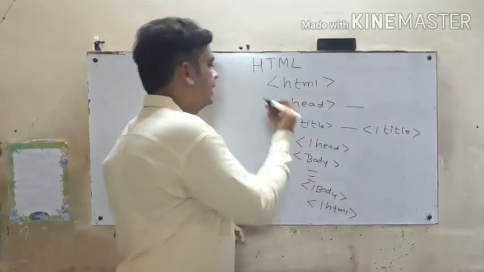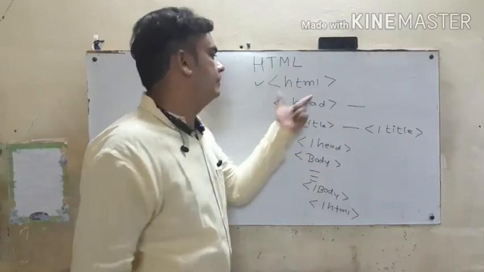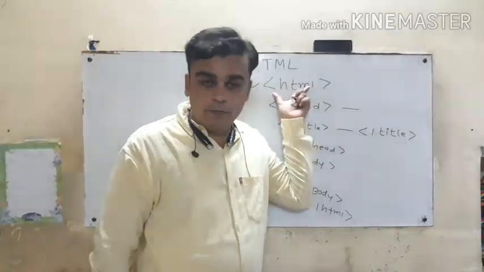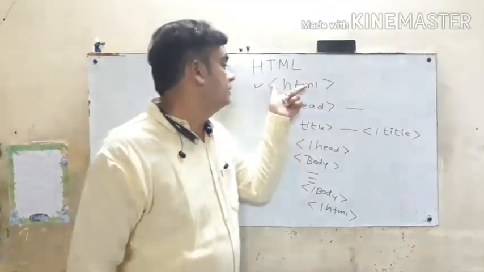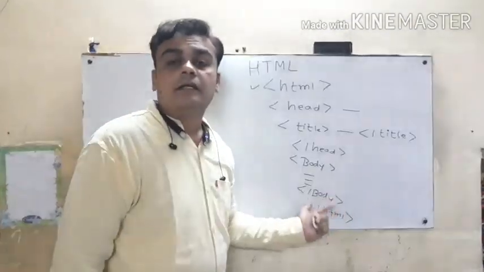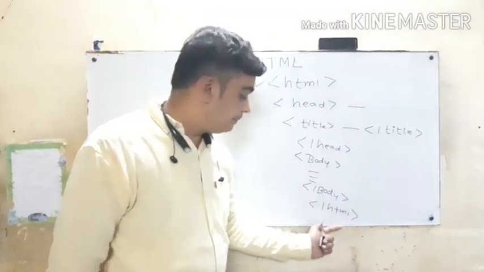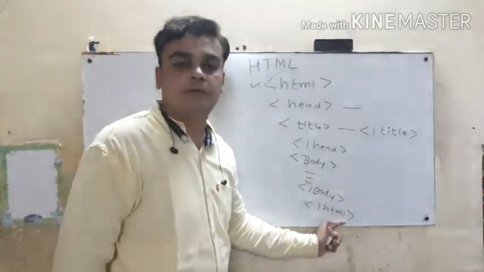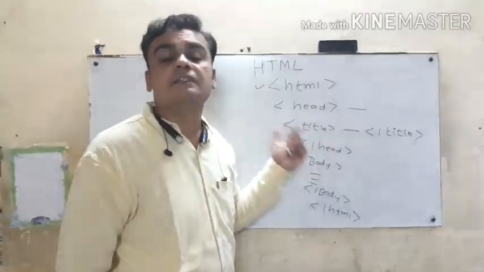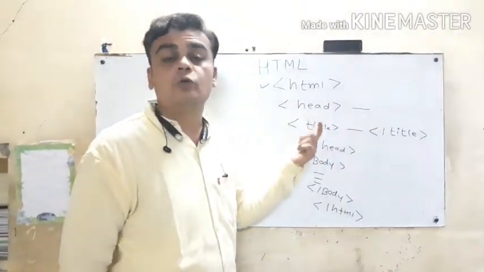So first of all, we start with the HTML tag. So what is the role of HTML? Every HTML program should start with the HTML tag. The second point is it is a pair tag and its companion tag is slash HTML, means it is a starting tag and this is an ending tag. And the third one is syntax, means how to write.